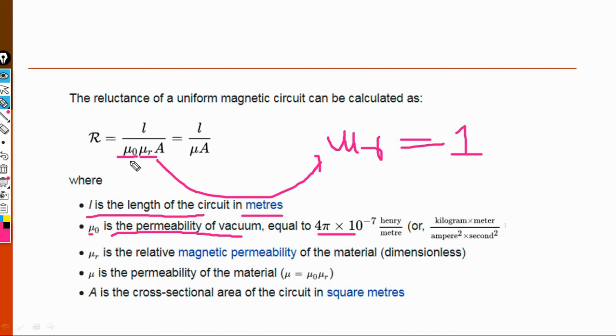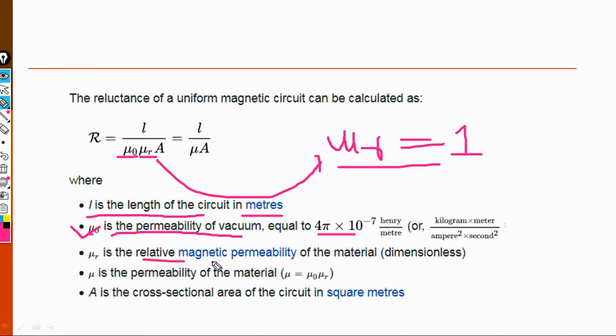That means the value of mu 0 is constant, that is 4 pi into 10 raised to minus 7 Henry per meter. Then mu R is called relative permeability or relative magnetic permeability.